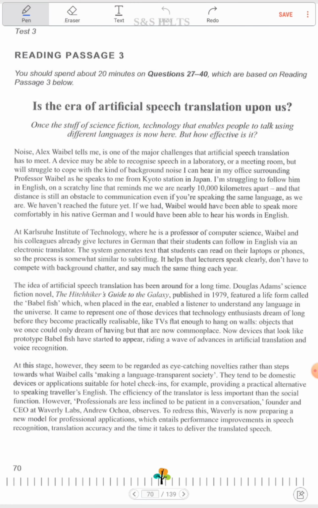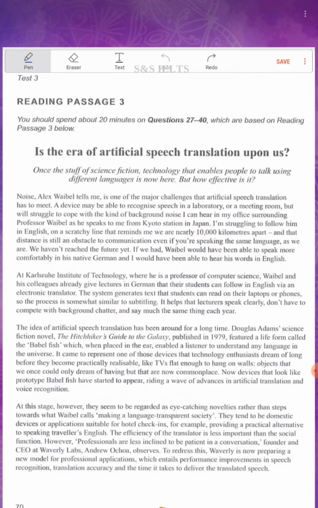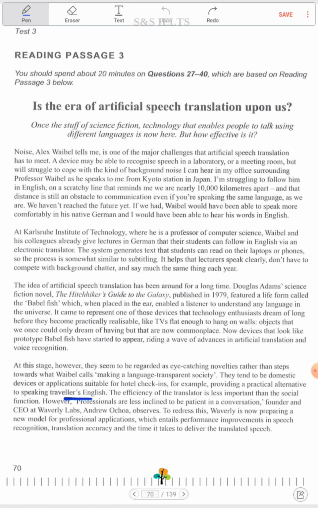Now, let us check the text. Of course, the next paragraph. What should we look for? We have to look for something about sharing earpieces. Yes? I can see earpieces. So it means that this paragraph can be the answer.